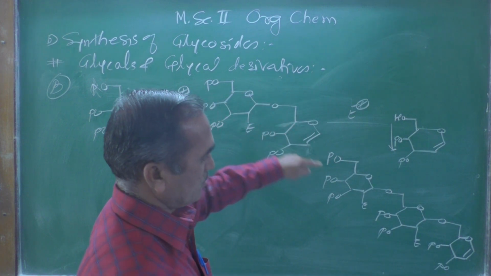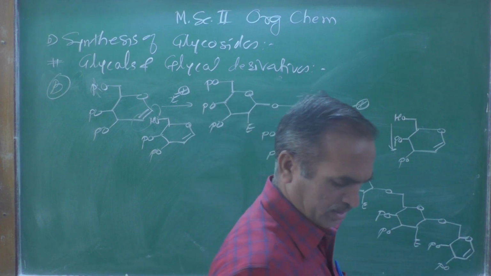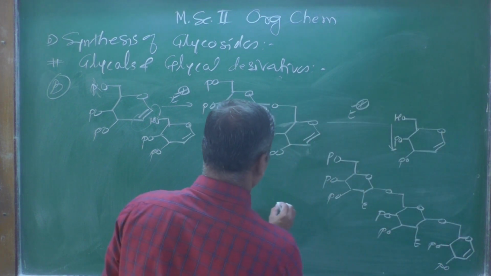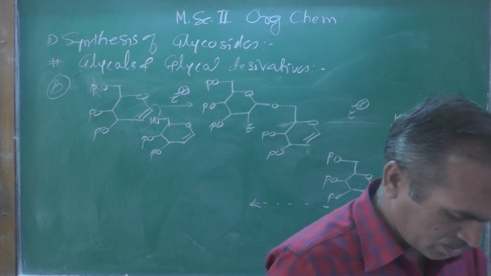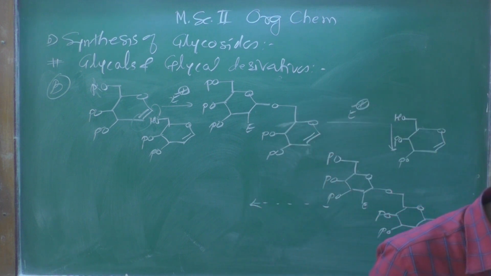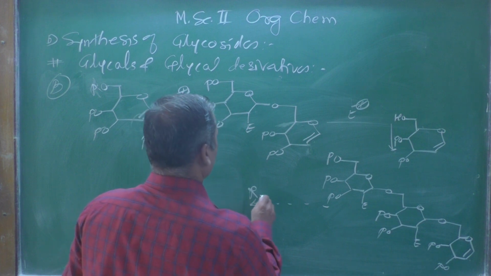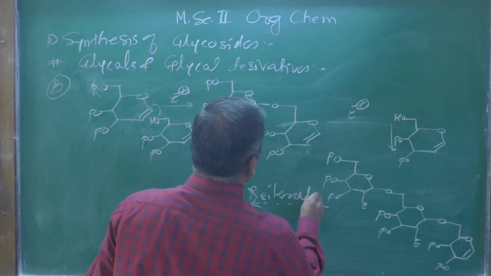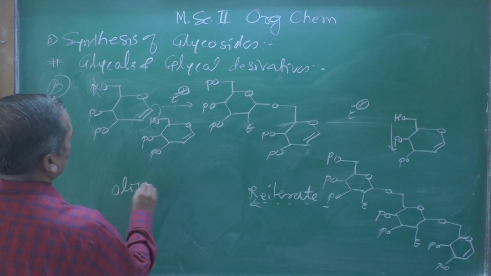This type of compound you are going to go on getting, those derivatives, and that is again there you reiterate. What you are going to get is an oligosaccharide. Reiterate. So what you will get here, oligosaccharides.